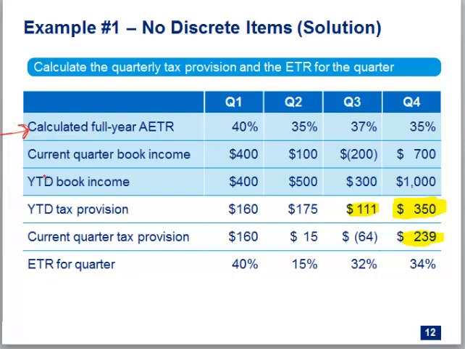And the problem with that number is, in this example so far, we're working with no discrete items. Okay? So when we do the basics of our provision, we do it assuming no weird stuff. And that's my very casual way of saying, what we can forecast, what's normal, we put into the mechanics of the provision the way we've shown it here. But if there are things that are unusual, non-recurring, or things that are specifically meant to be recorded discrete, we still haven't even gotten to that yet.